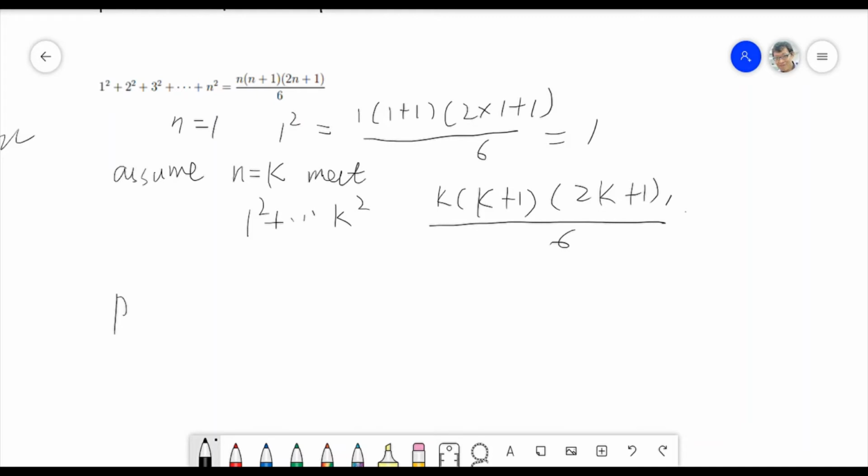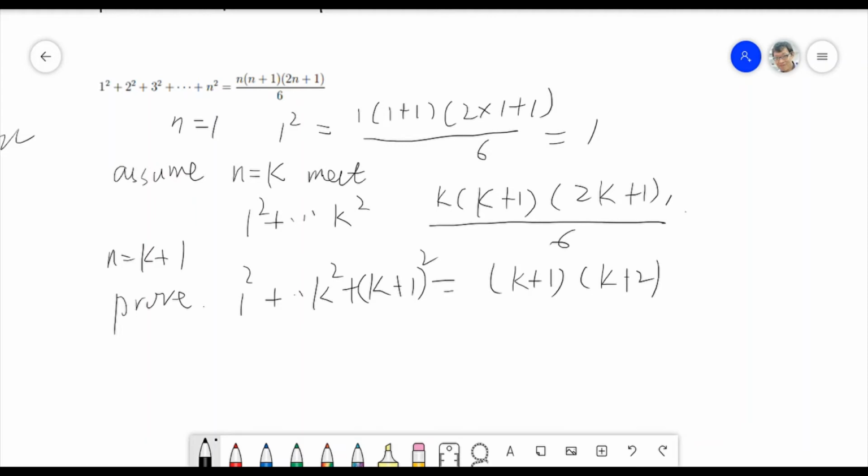Then we need to prove when n equals k plus 1, the function should be like what? Here k should change to k plus 1. Then k plus 1 plus 1 is k plus 2, and 2k plus 1 becomes 2k plus 2, which is 2k plus 3, divided by 6. This we need to prove.